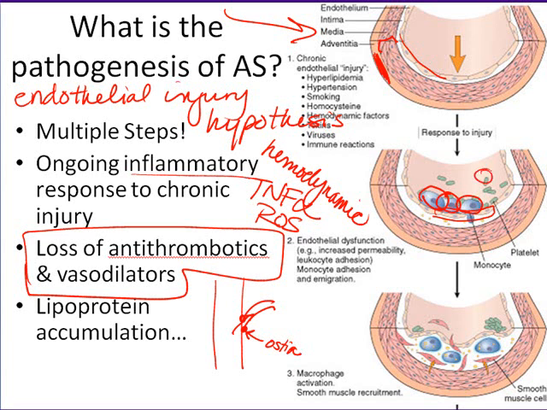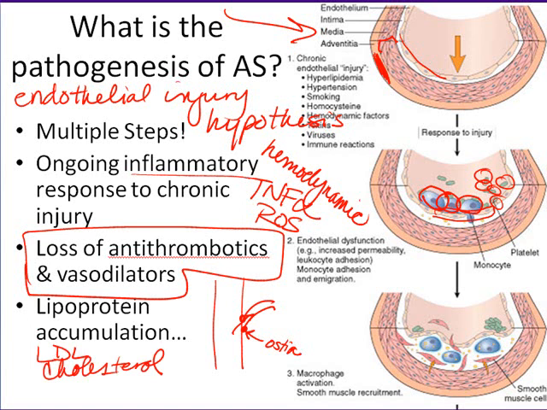Also, you're going to start to see an accumulation of platelets, of course, because we've lost our antithrombotic properties. And you're going to start to see the accumulation of lipoproteins, things like LDL proteins, which is the bad kind. HDL proteins don't tend to accumulate there, but cholesterol and LDLs do.